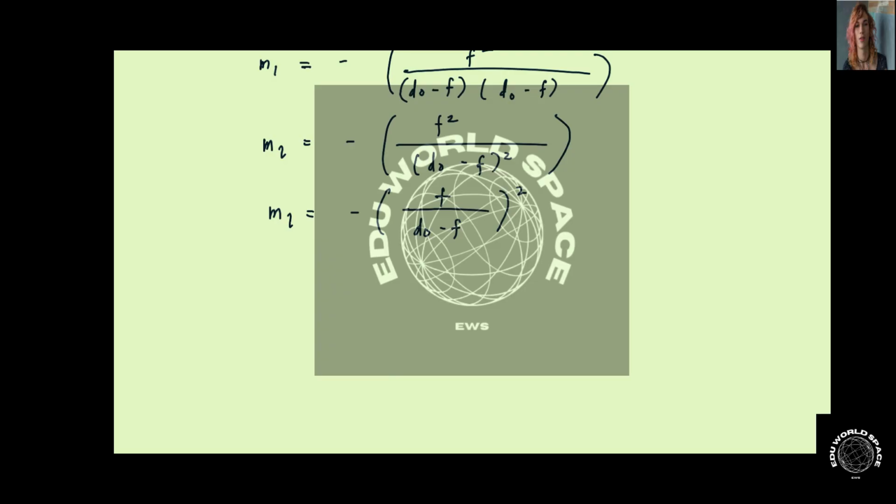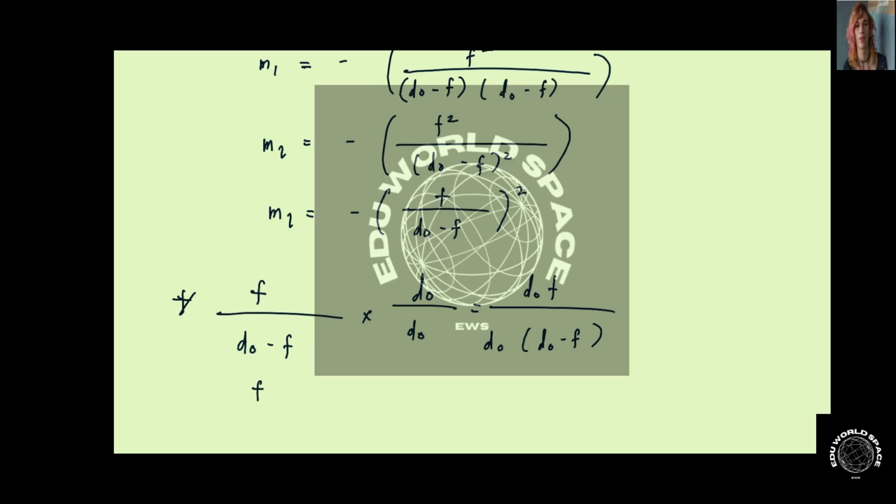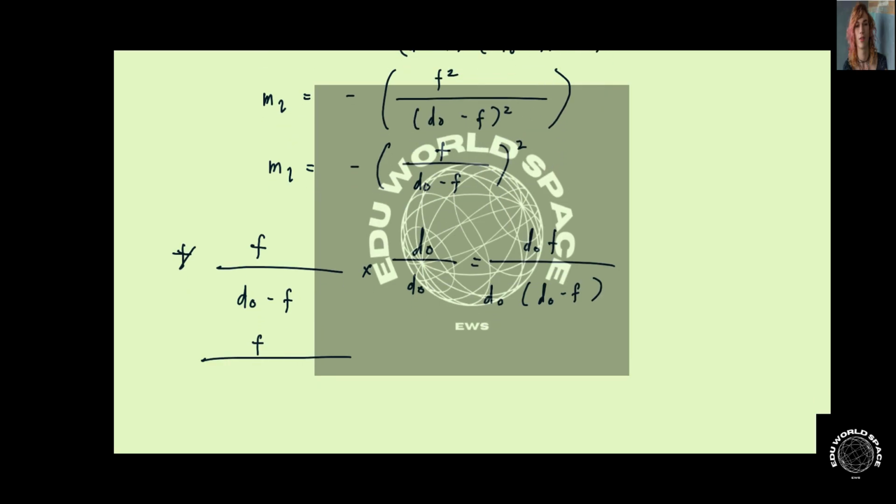Now we need to find the meaning of the expression. Here we can write this one as F over DO minus F times DO divided by DO, which is equal to DO F divided by DO times DO minus F. So here we have F over DO minus F, which is equal to DI divided by DO.